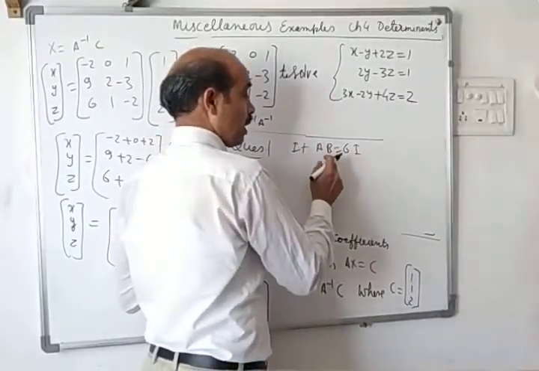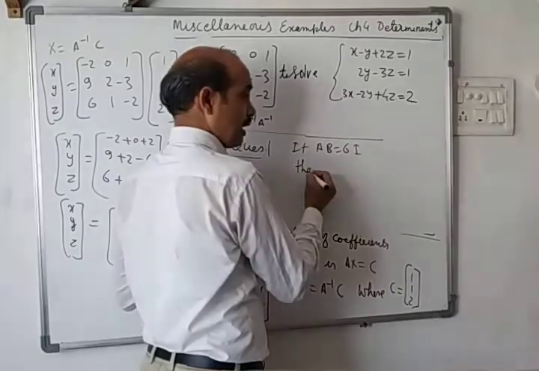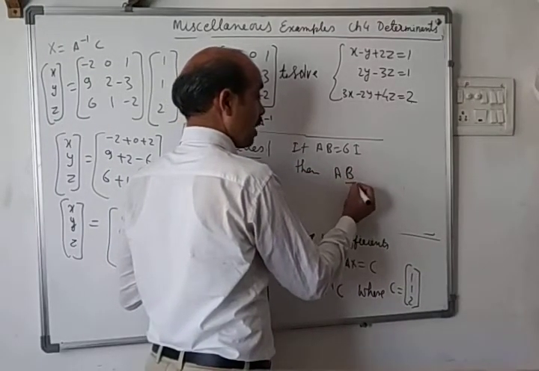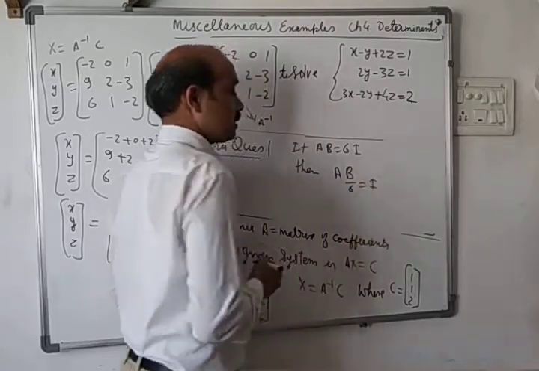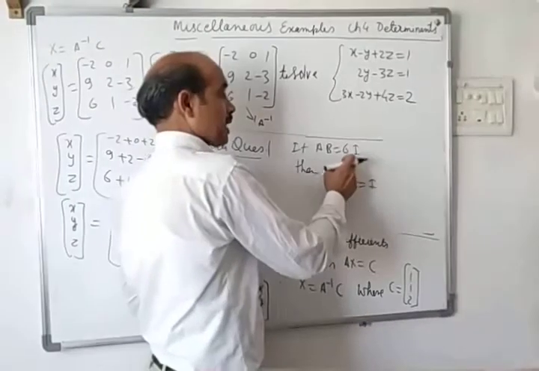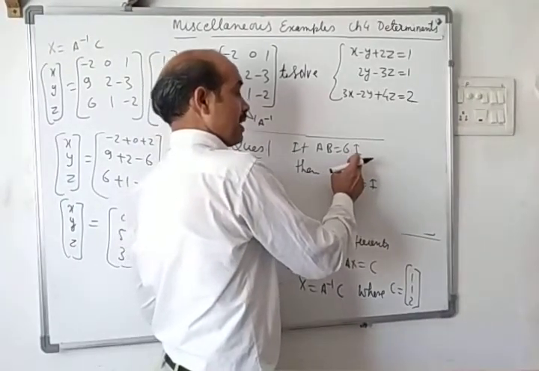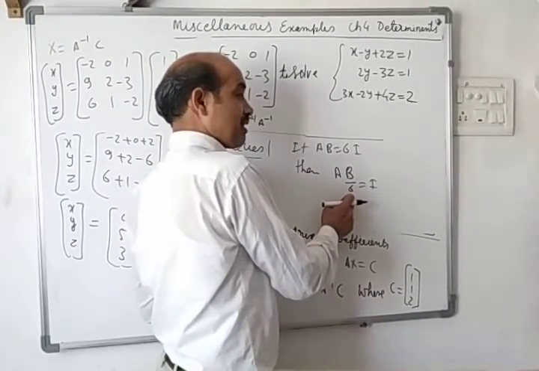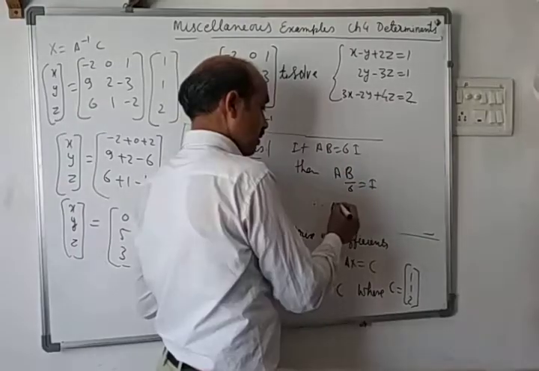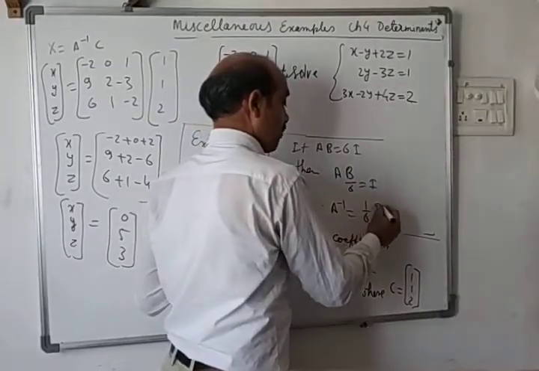So if AB is 6I, then we will write AB upon 6 is I. That number, whatever number is coming with identity matrix in the right hand side will be transferred to the left hand side, and now this will become A inverse 1 upon 6 of B.